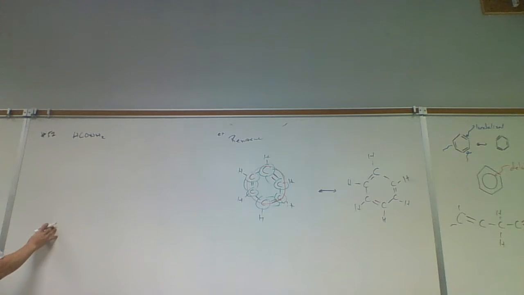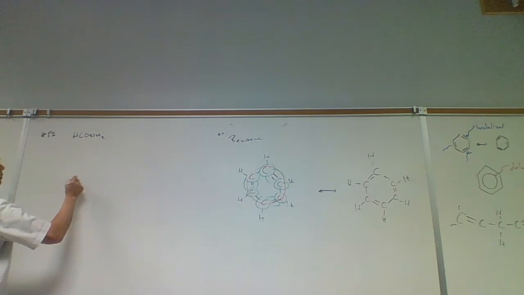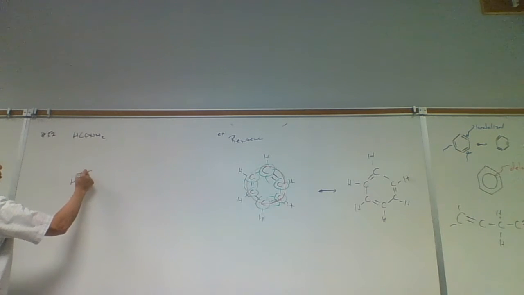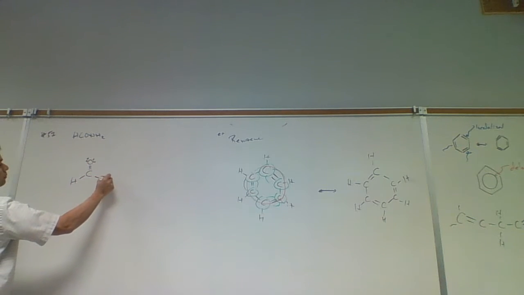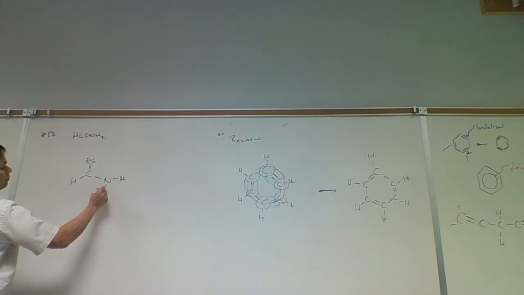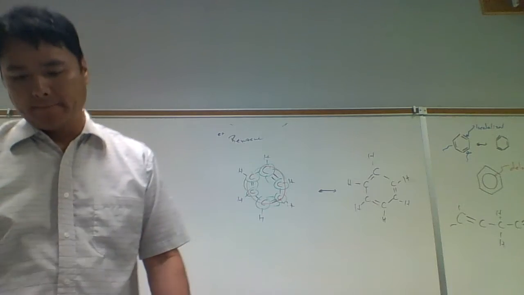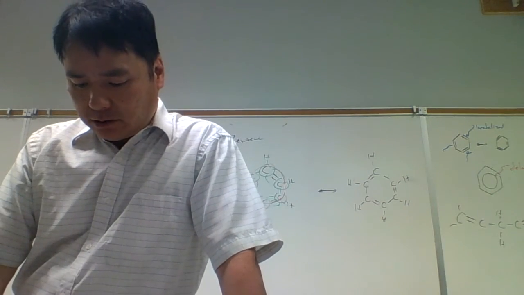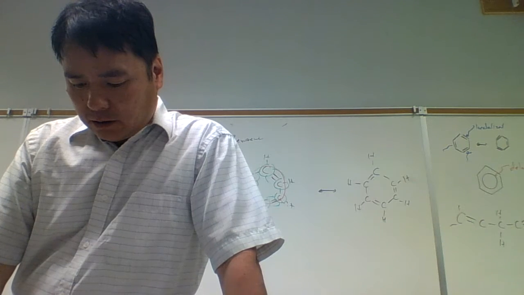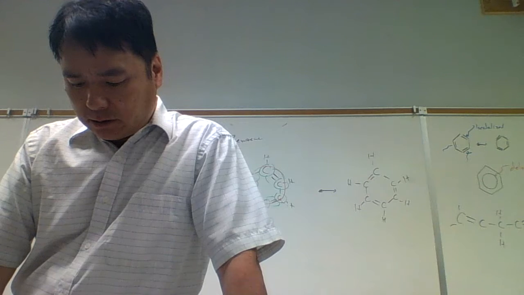Let's draw the Lewis structure for this. Okay. And it looks like this here. And then let's take a look at the angles here. These are the approximate bond angles in this.